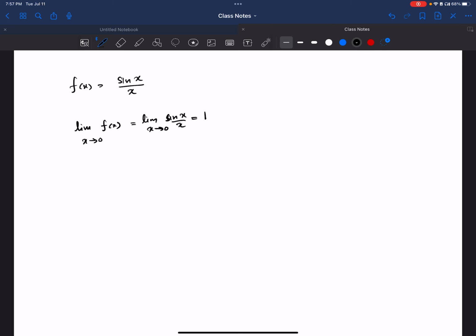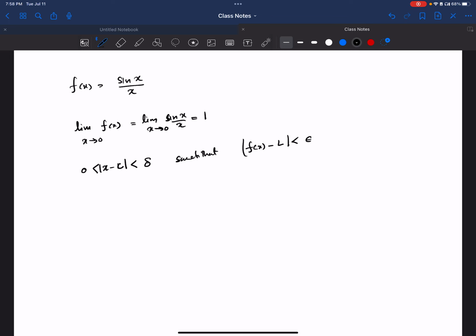We need to prove that for any selected positive value of epsilon, you can find some delta. C in this case is 0. So what we need to find is some delta such that x minus c is less than delta and the magnitude of f of x minus L is less than epsilon.